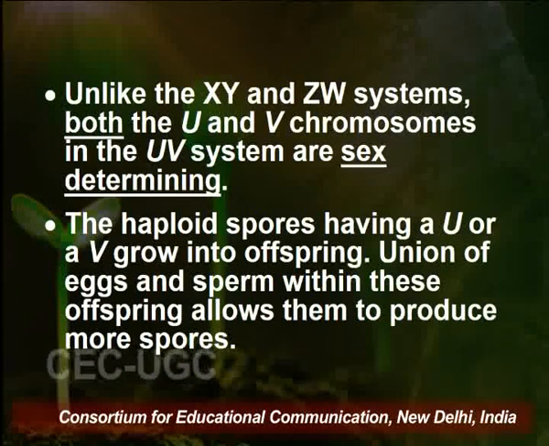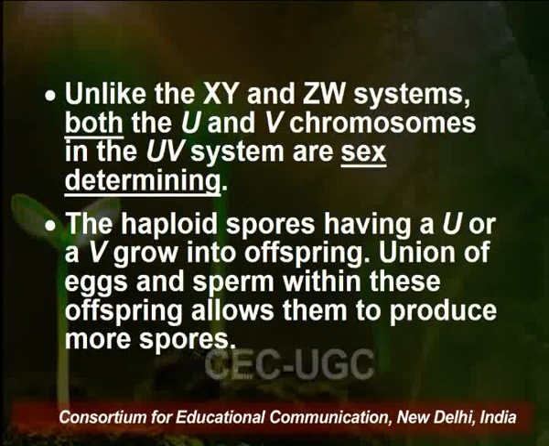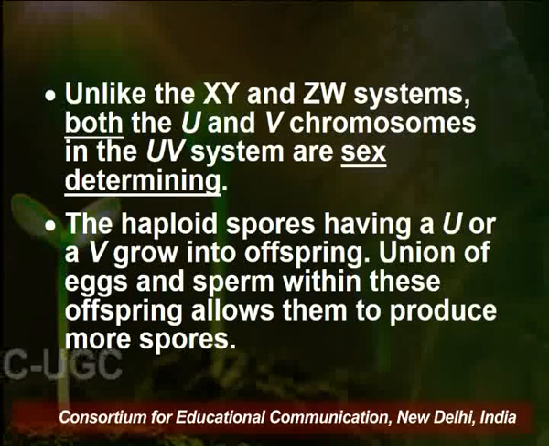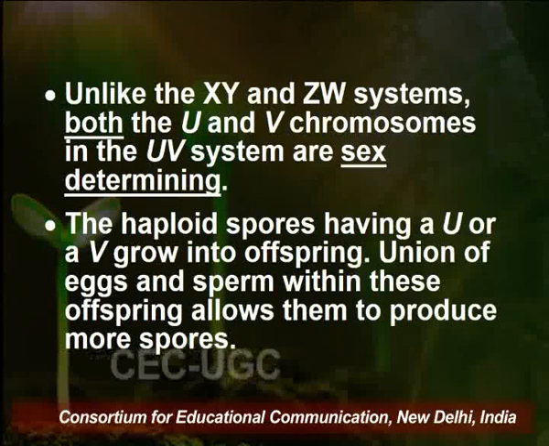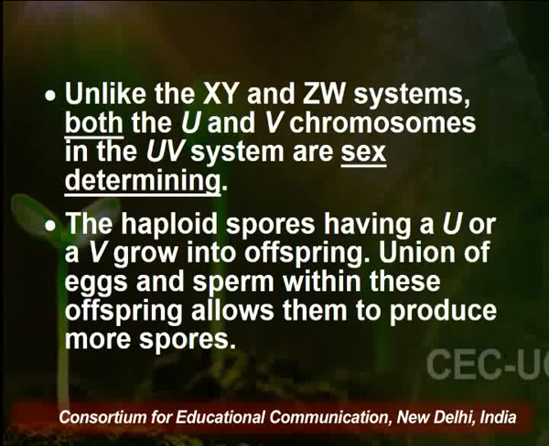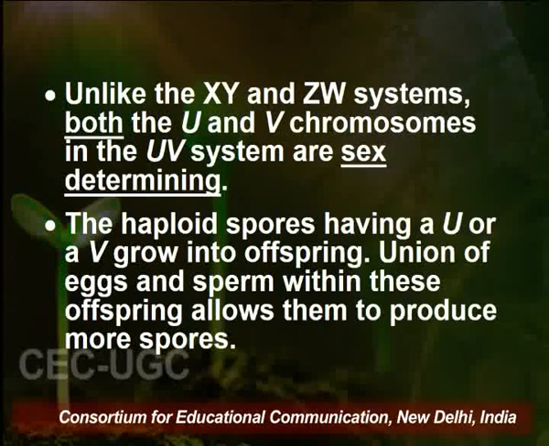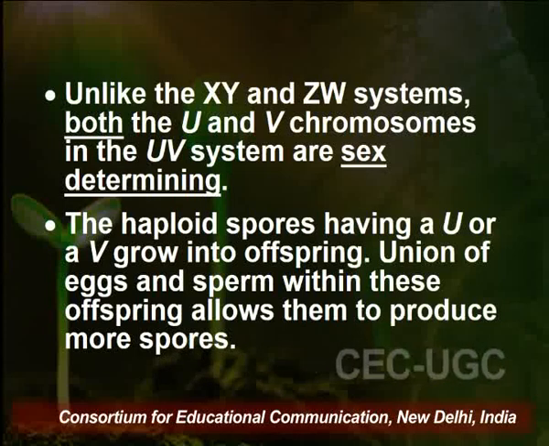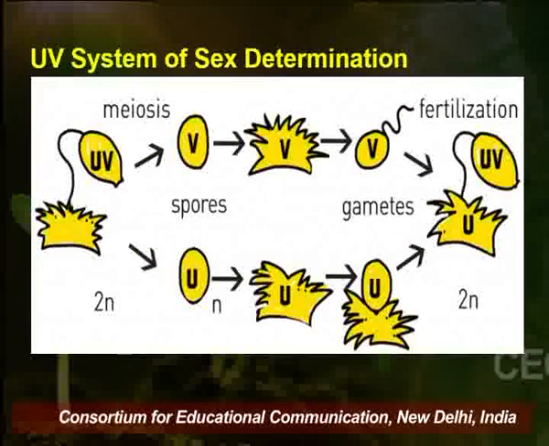So, that means the haploid spores which are carrying U or V will grow into the haploid gametophytes, but then their antheridiophores or archegoniophores would depend on whether they have U or V, and union of eggs and sperm within these offspring will allow them to produce more spores.